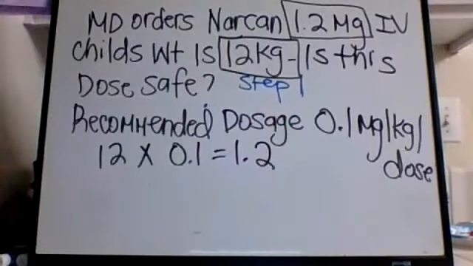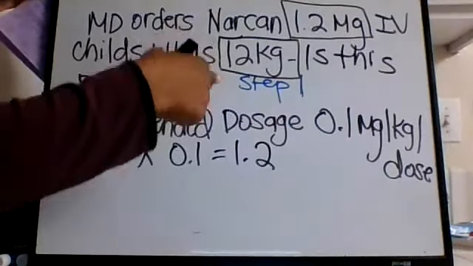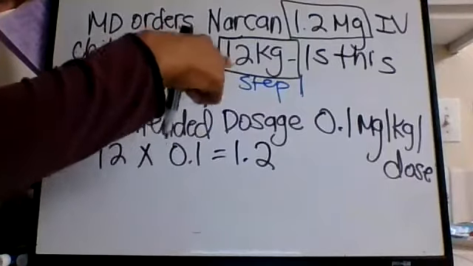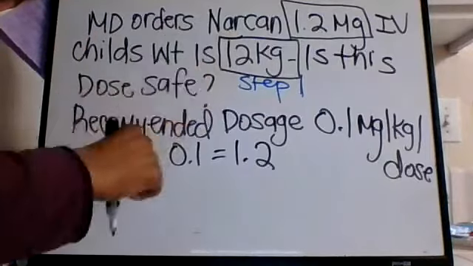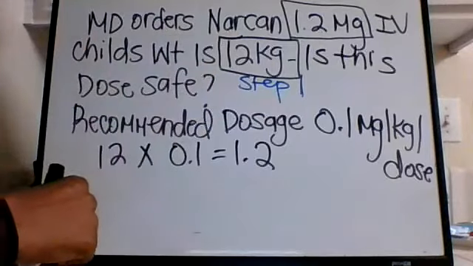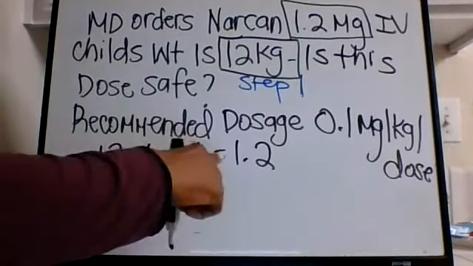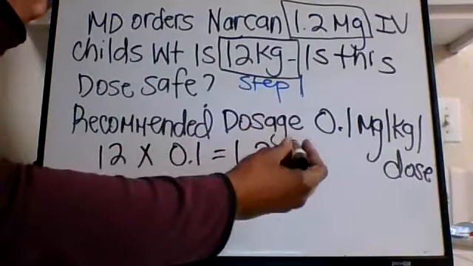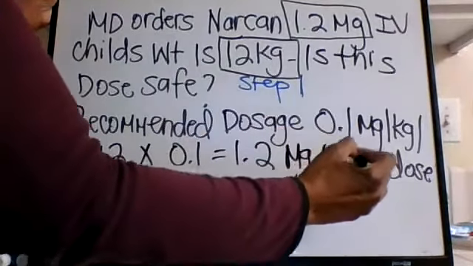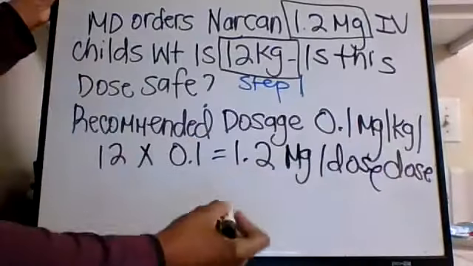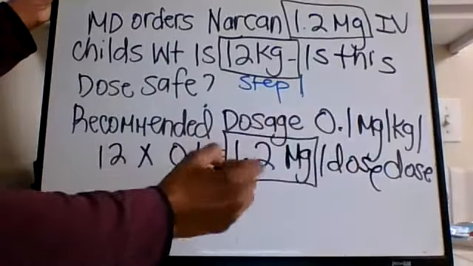By the way, when rounding the child's weight in kilograms, we always round to the nearest tenth. So this comes out to be 1.2 milligrams per dose. This means the child is going to receive this much right now, IV.